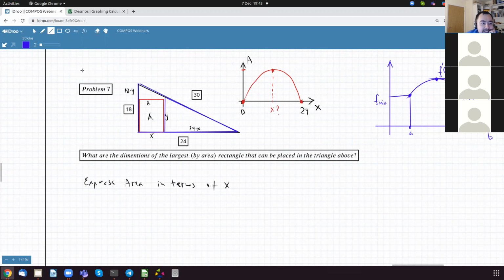And using the similarity of these triangles, I'm going to write down that the ratio of 18 to y is the same as the ratio of 24 to 24 minus x.